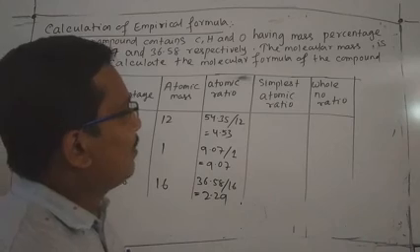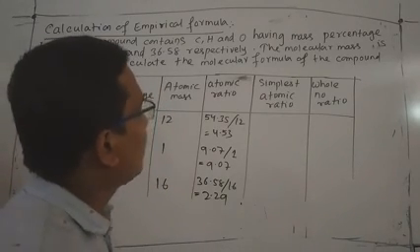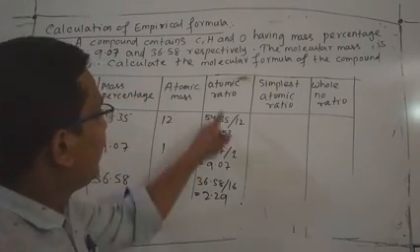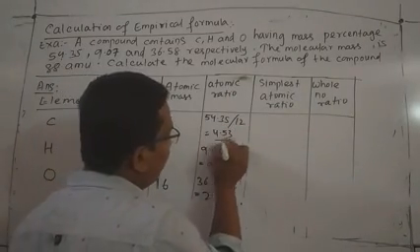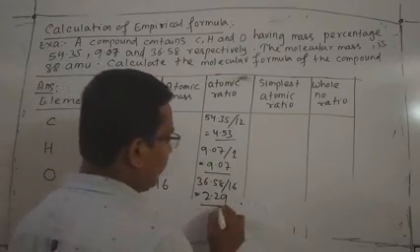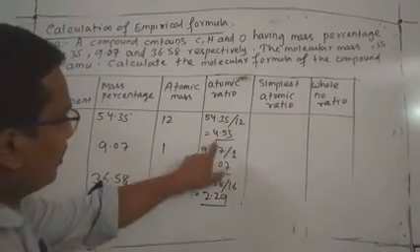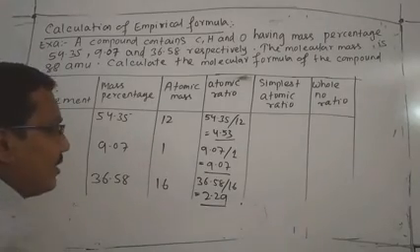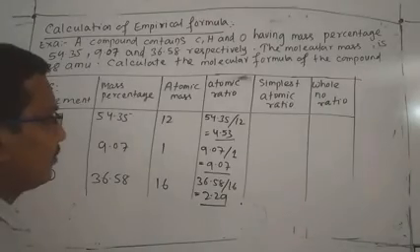Next is your simplest atomic ratio. How can you calculate the simplest atomic ratio? In the atomic ratio column you find 4.53, 9.07 and 2.29. Among the three values, which is the smallest? 2.29 is the smallest value.